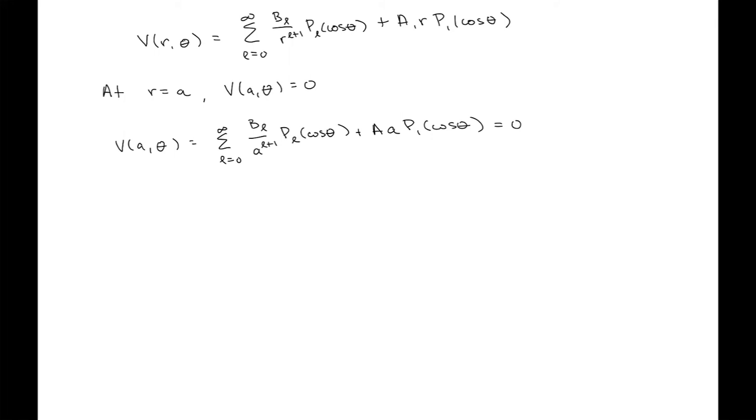This sum here can only be 0 if these terms cancel out. This term by itself will not be 0, and this term by itself will not be 0. So the sum can only be 0 if the terms cancel.